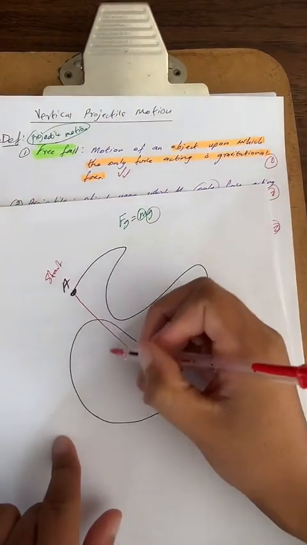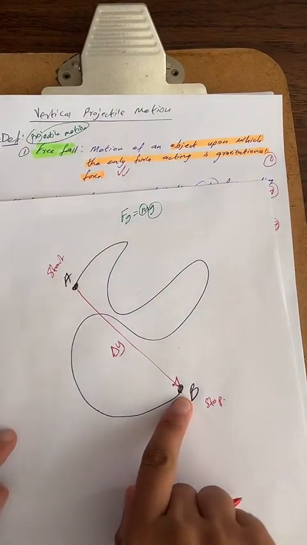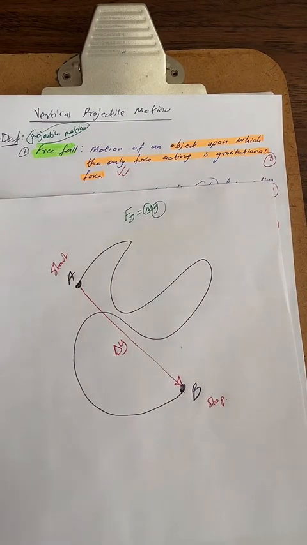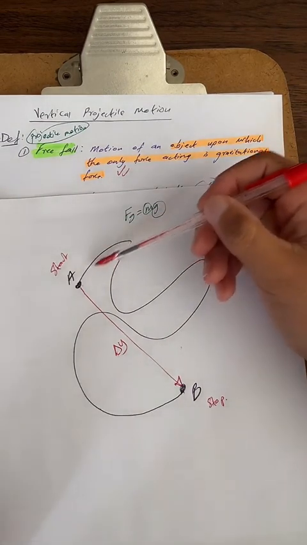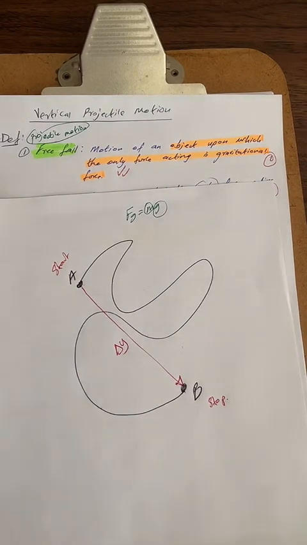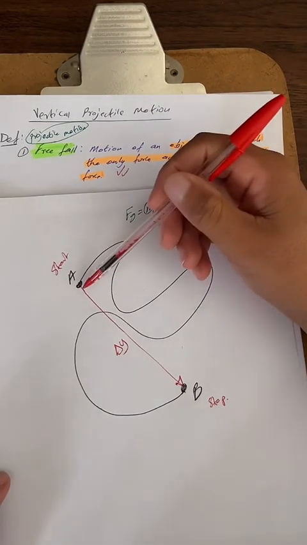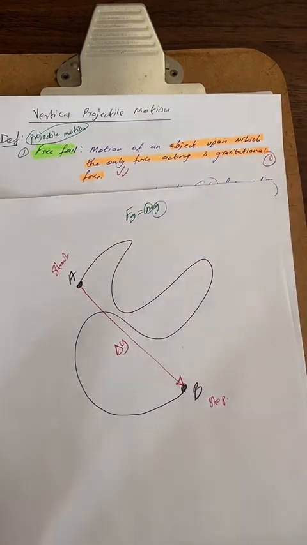So this will be your displacement, the straight line distance between 2 endpoints. We don't consider that the object went that way, to the right, down. That part is not useful to us. We only want to identify the initial point where it starts and the final point, and then we draw a straight line starting from where it starts, and put the arrow where it stops. So that will be displacement.